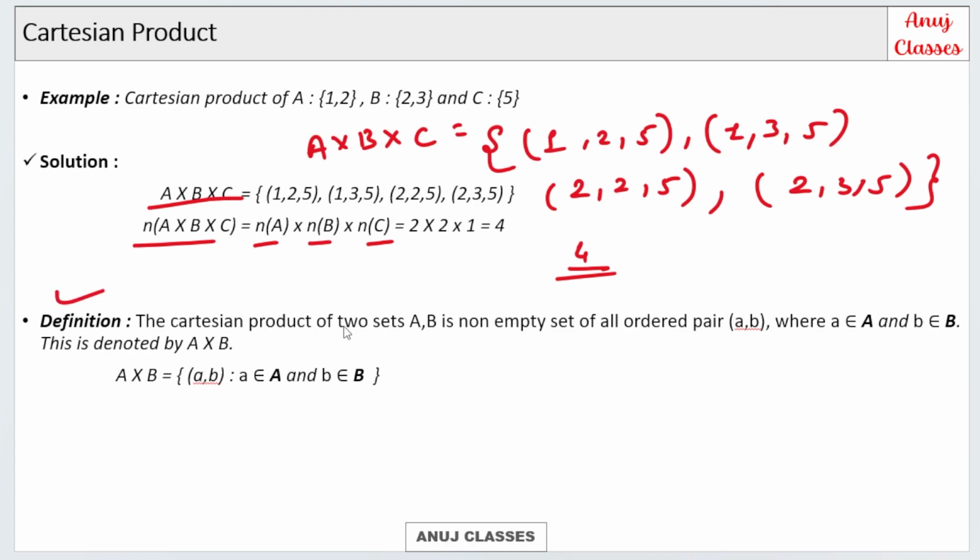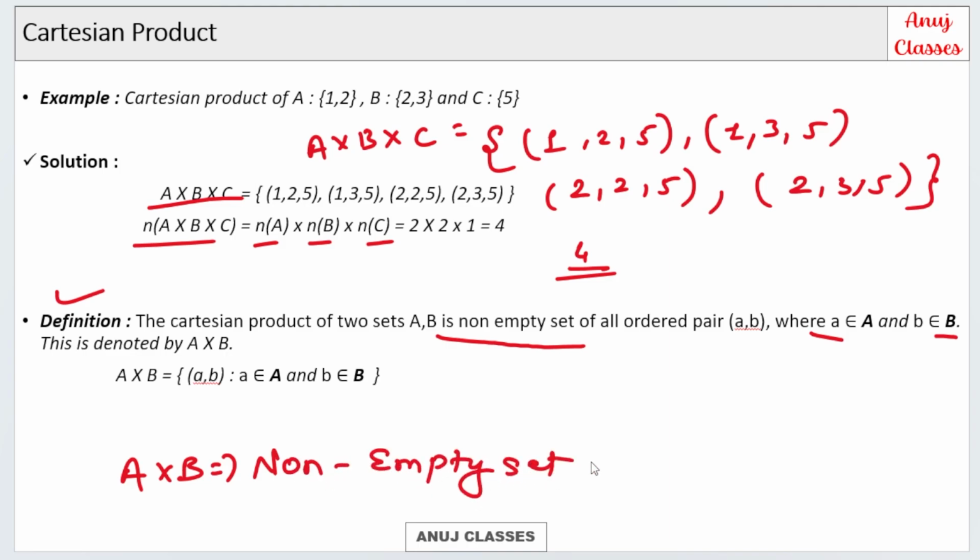So the Cartesian product of the two non-empty sets A and B is the set of all ordered pairs (a, b) such that a belongs to A and b belongs to B. Non-empty set means that A cross B will always have some element in it. It will never be an empty set.